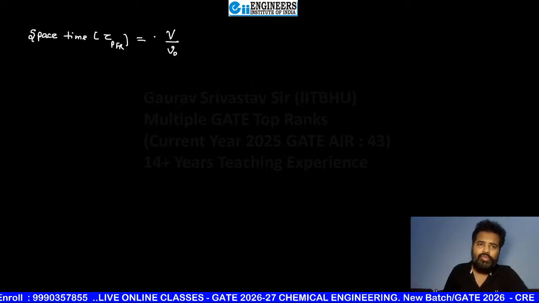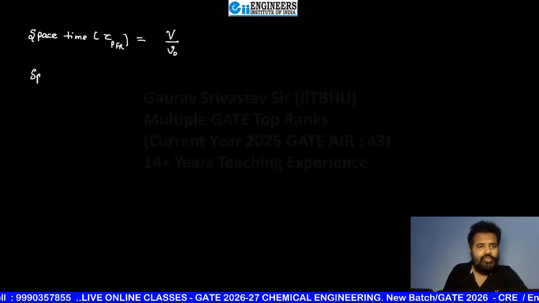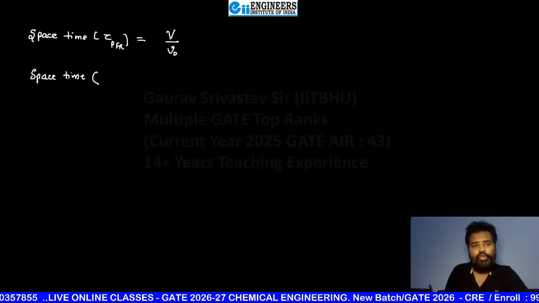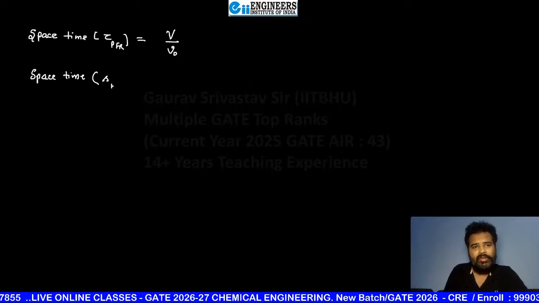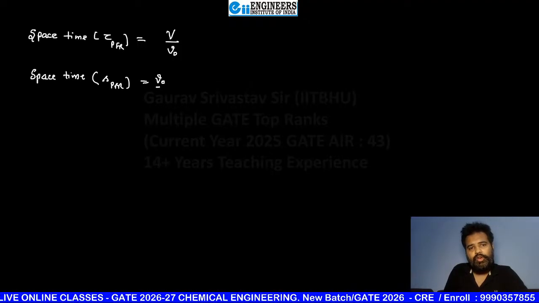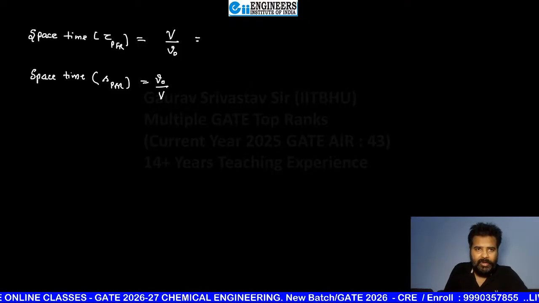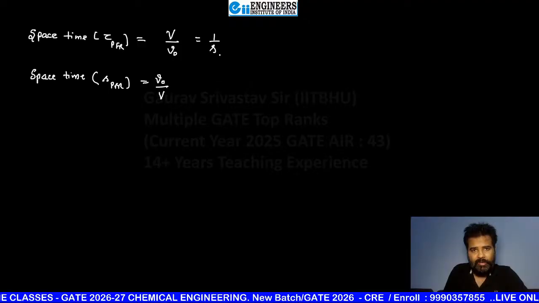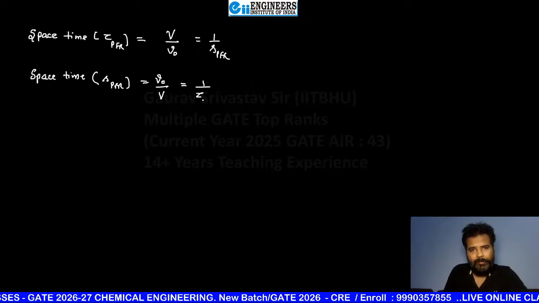If someone asks you space velocity, because this is also a continuous flow reactor, space velocity S PFR is V naught by V. It can be written as 1 by S PFR, or as 1 by tau PFR.